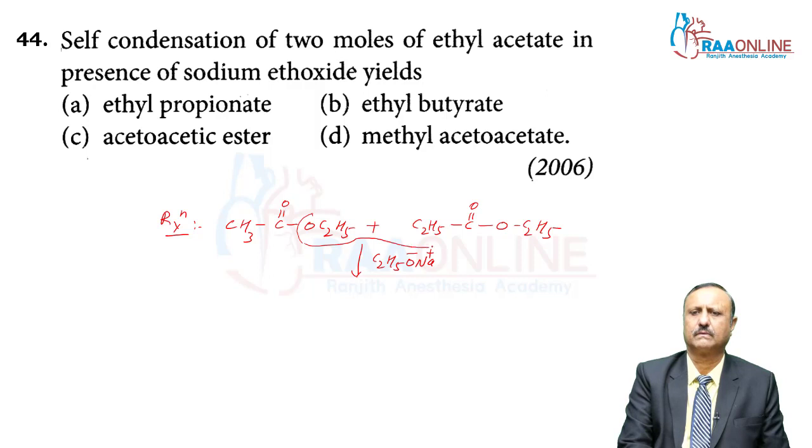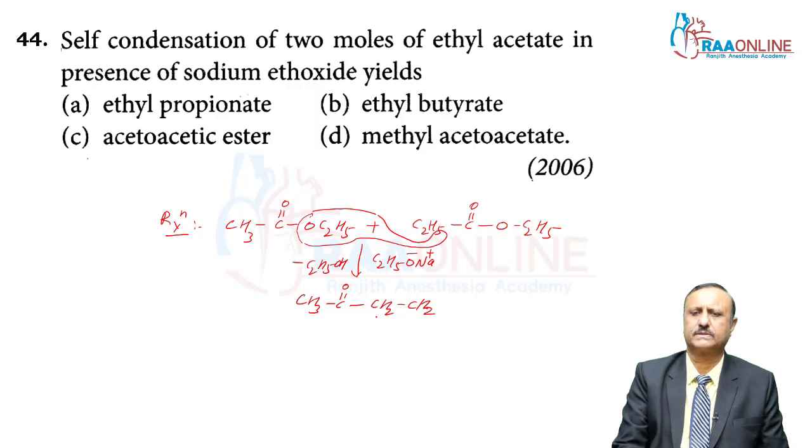Then you get C2H5OH, as one hydrogen atom is removed from this group. So, you get C2H5OH and you get CH3CO. This C2H5 means CH2CH3. Here in the CH3 group, one hydrogen atom goes with the C2H5O group.